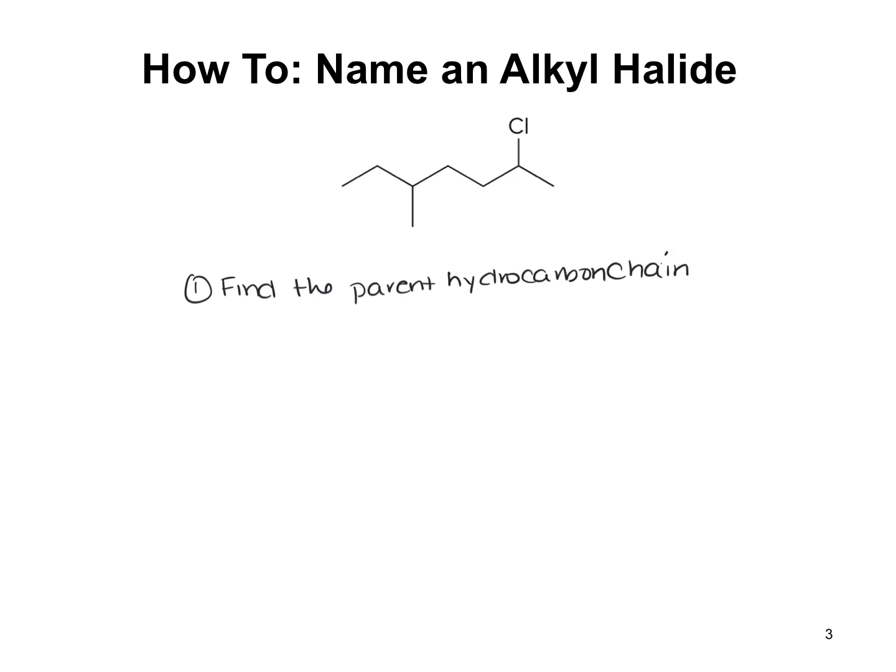When we do this, the halogen needs to be attached to that parent hydrocarbon chain. So when we look at this example, the hydrocarbon chain would be right there. It's got 7 carbons, so that base name would be heptane.